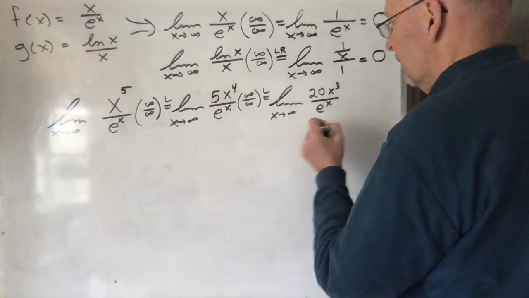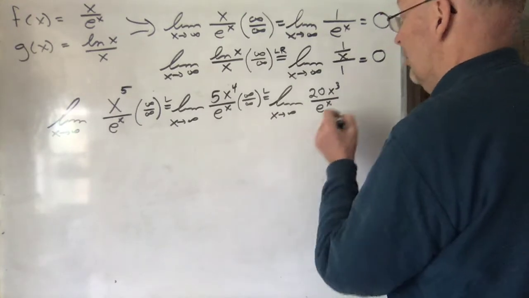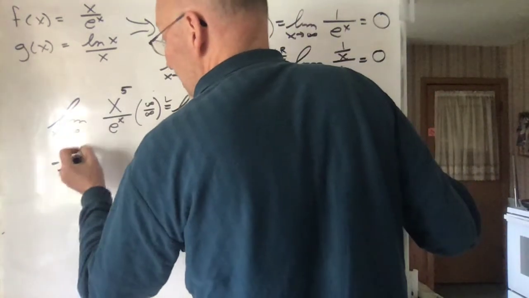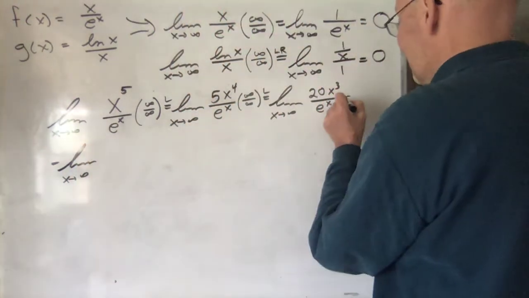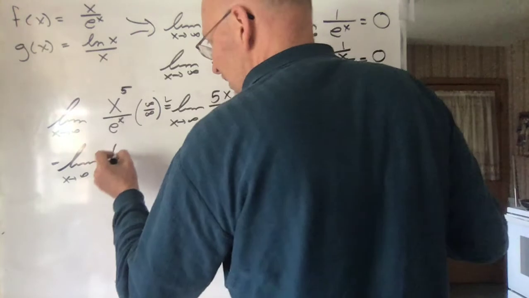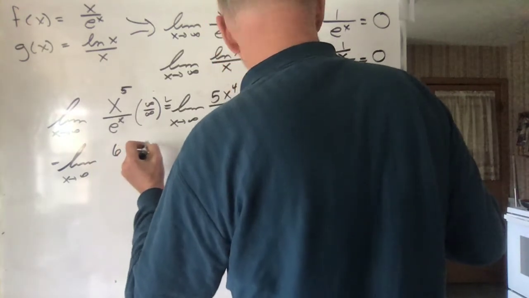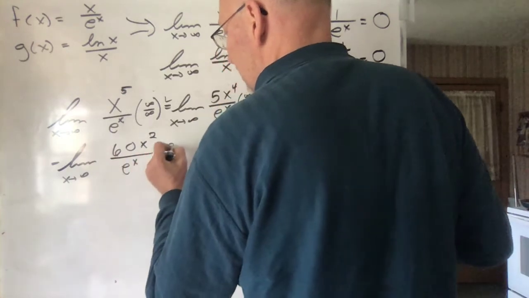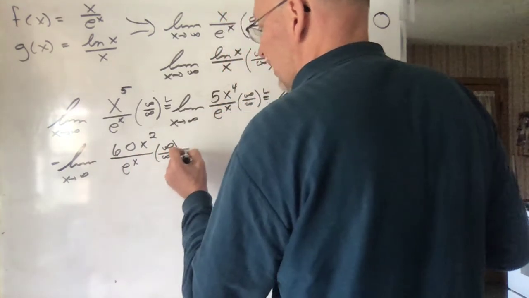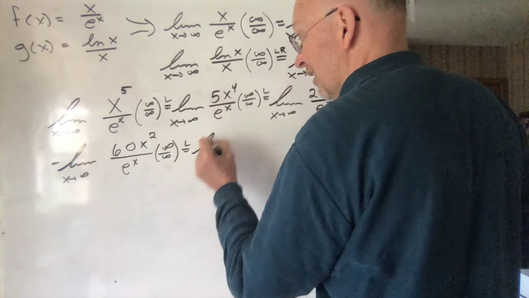You can see we just keep doing it a couple more times. Well, let's just go ahead and do it. And you're going to get 60x squared over e to the x. Still have infinity over infinity, so you can use it again.